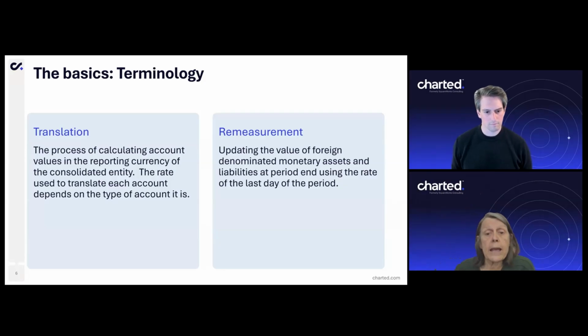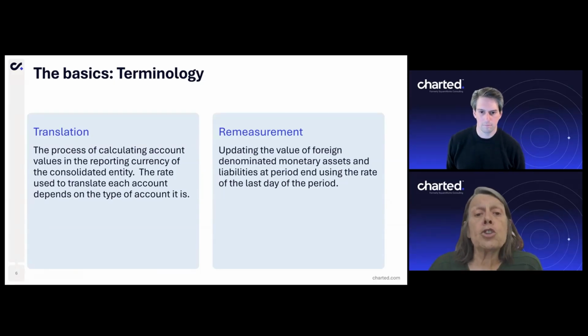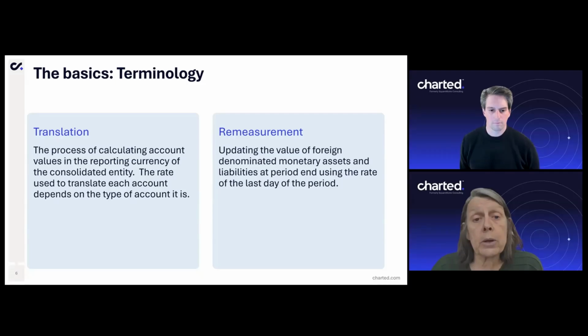Remeasurement. That's the value of the foreign-denominated monetary assets and liabilities, and it's super important to highlight this, using the rate at the last day of the month. This is the unrealized gain or loss that you see coming in when you run the revaluation at the end of the month. It should be applied to monetary assets and liabilities only.